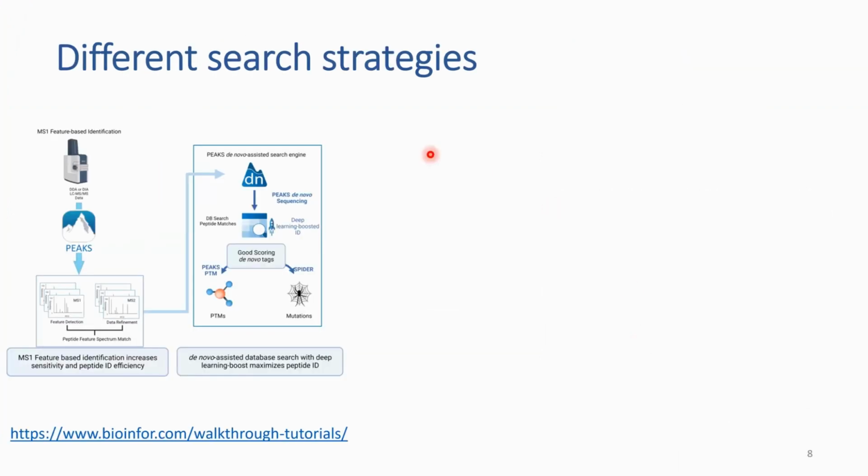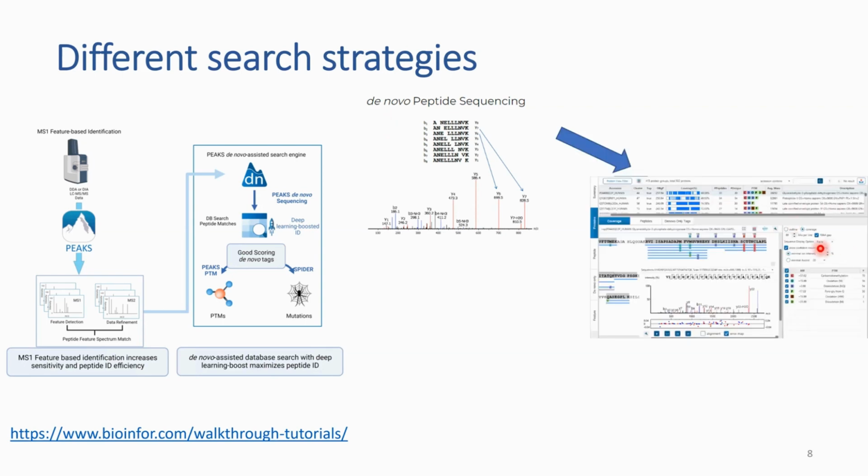And let's start from the search strategies. So usually, if you are familiar with the Peaks, we know that the Peaks starts from the de novo sequence. So we can start from here, and then if I got the protein sequence, I got the FASTA file, I can do the database search.